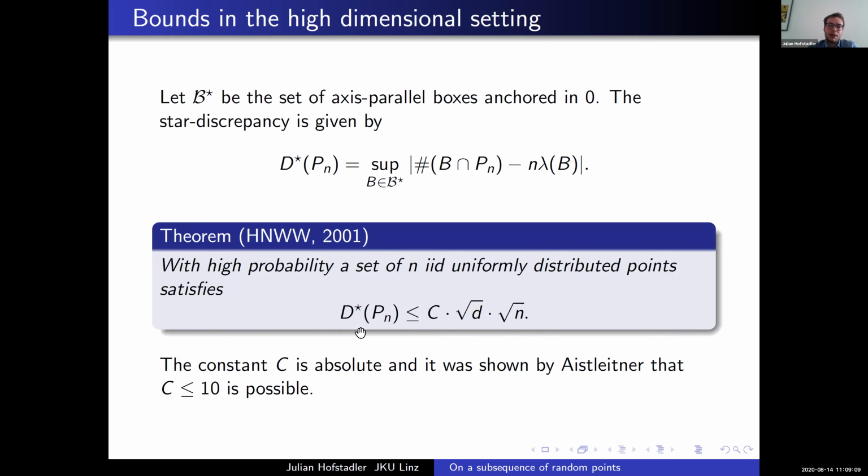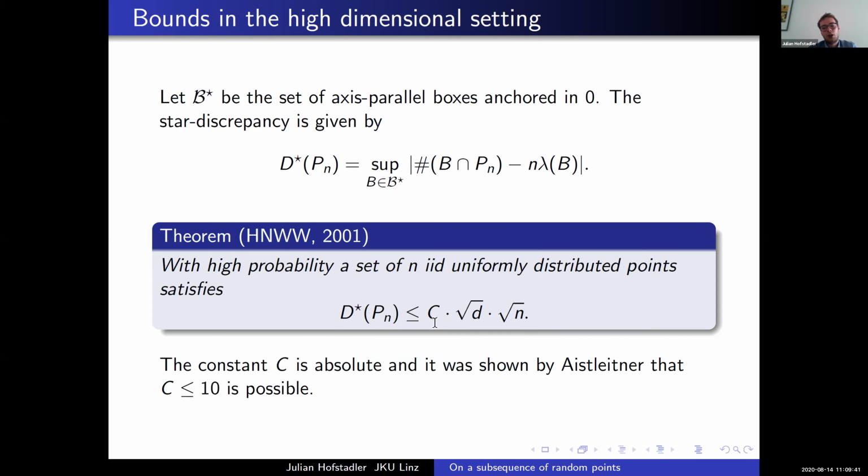But if we take the set of all axis parallel boxes, which are anchored in 0, instead of just the set of all axis parallel boxes, we get the star discrepancy. And it was shown by Heinrich, Nowak, Wozniakowski, and Wasilkowski that with high probability, we can just have a look at IID uniformly distributed points, and with high probability, we have a bound of this form.